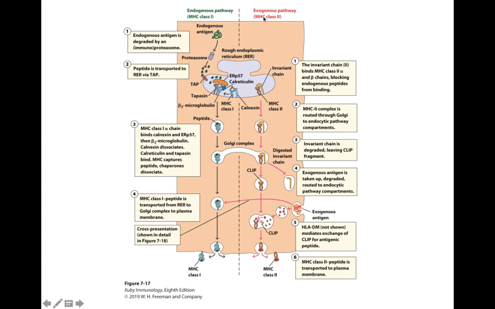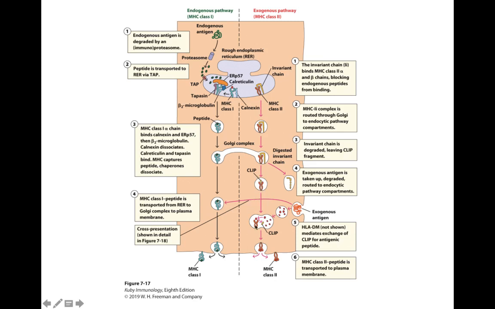Exogenous proteins, so things that come in from outside of the cell, exogenous antigen, will be presented in MHC class II. When MHC class II is made in the rough endoplasmic reticulum, it's initially stabilized by this invariant chain, and that invariant chain will help bring it to a phagosome. It'll get cleaved to CLIP once it's an endosome.